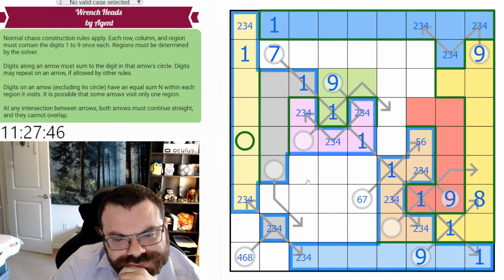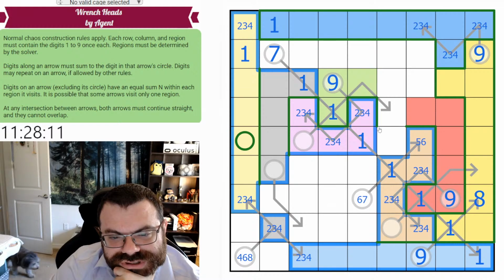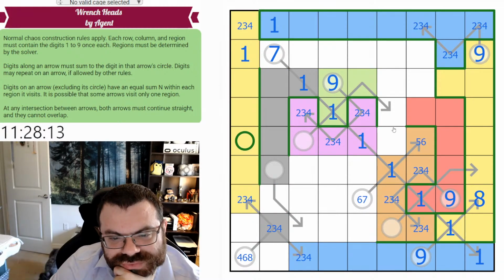Darn. So I had drawn a border here when I counted, but the border could be here, and then that lets gray or yellow take this cell.